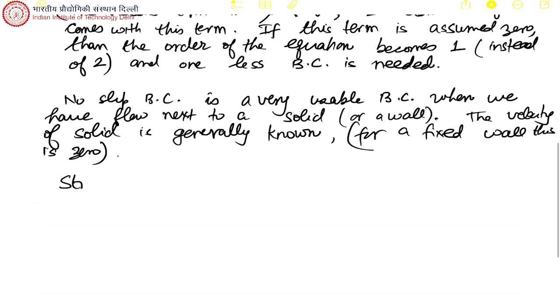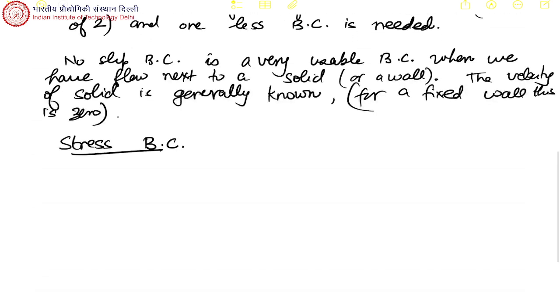So, this was the first type of boundary condition. The second boundary condition which we have is on the stress. So, we call it the stress boundary condition. Again, this is fluid 1, this is fluid 2.